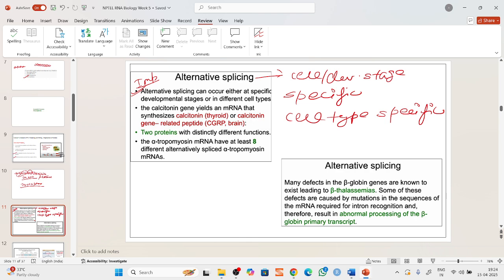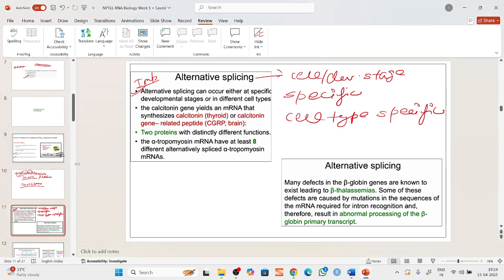One is calcitonin mRNA, and the other one is calcitonin gene related peptide, which is responsible in the brain. Similarly, another example is the alpha tropomyosin mRNA. It can have at least eight different alternatively spliced alpha tropomyosin mRNAs. So these are two examples of alternative splicing.